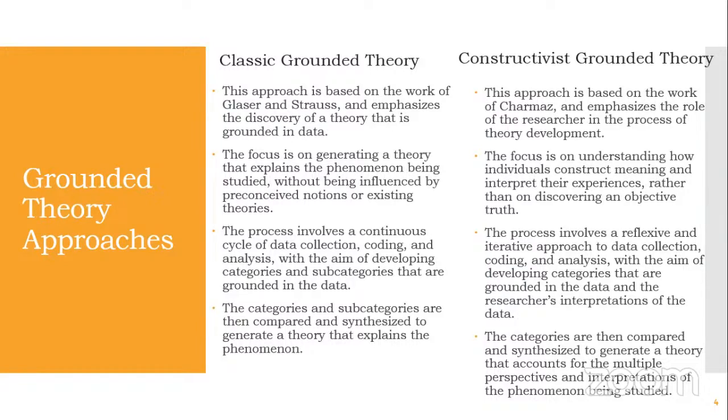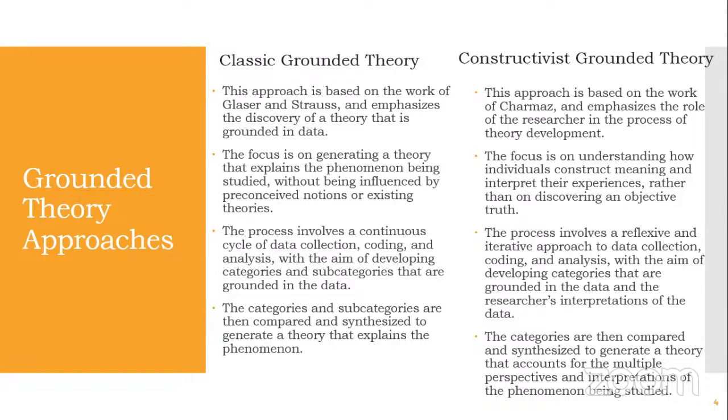Okay. Again, in classic grounded theory, the process involves a continuous cycle of data collection, coding, and analysis with the aim of developing categories and subcategories that are grounded in the data. On the other hand, in constructivist grounded theory, this process involves a reflexive and iterative approach to data collection, coding, and analysis, with the aim of developing categories that are grounded in the data and the researcher's interpretation of the data.